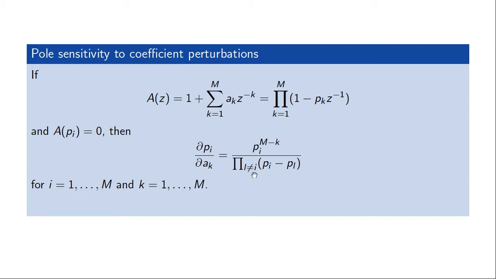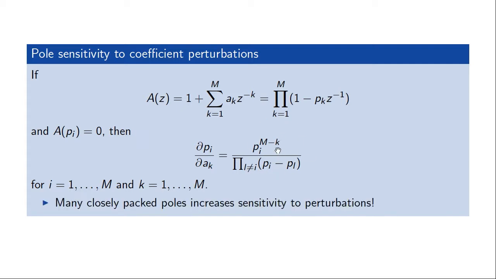So we see two things in this formula. One is that if you have a pole which is closer to the unit circle, generally this term will be bigger. We'll also see a second effect in that if you have another pole, p_l, which is close to the pole of interest, then the derivative with respect to a coefficient will generally be higher, because this distance will be lower, and since we divide by that, that will increase the magnitude of this.